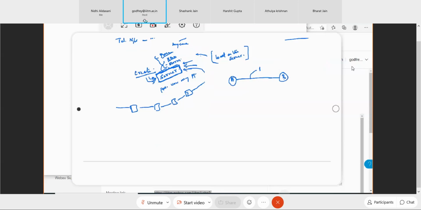This link L is not available to only these users A and B all the time. It is available to a big number of users at the same time when this link is available for both A and B, right? So that's how it becomes important to decide how this can be done.